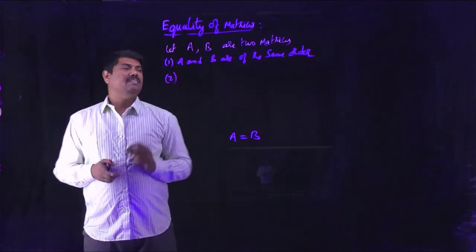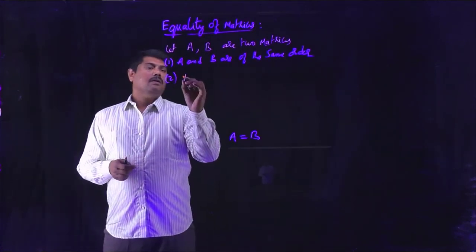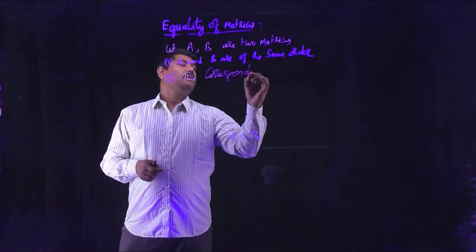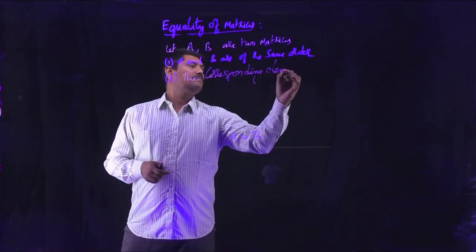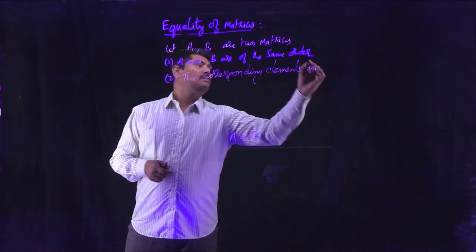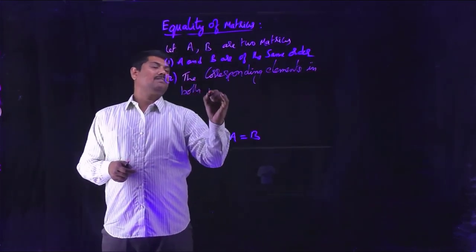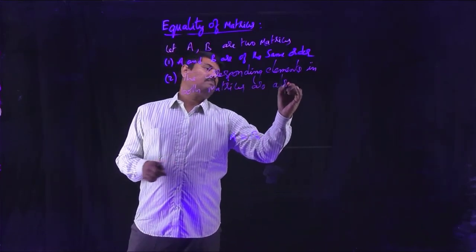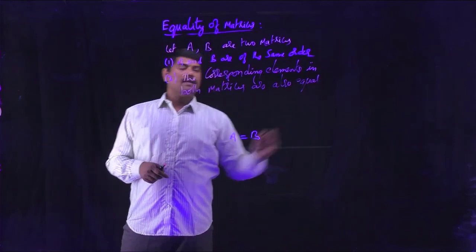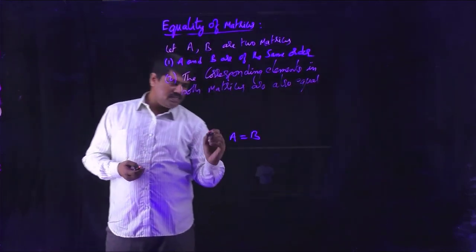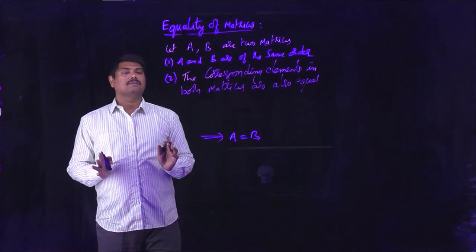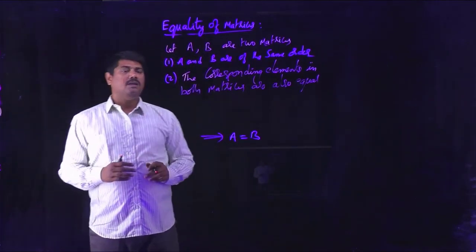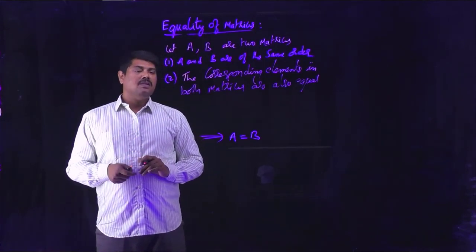Now the second point is the corresponding elements in both matrices are also equal. Then only you can say that both matrices are equal, A is equal to B, if these 2 conditions are satisfied for the given matrices A, B.